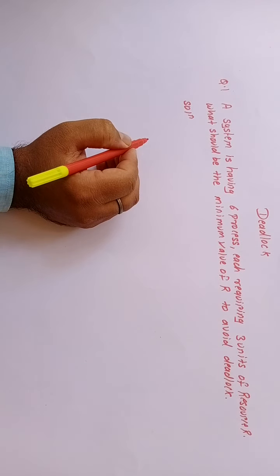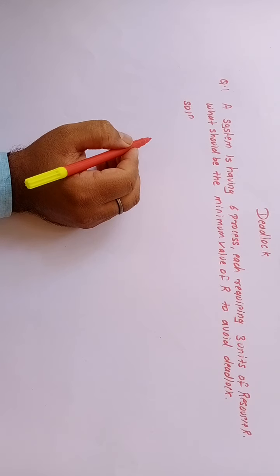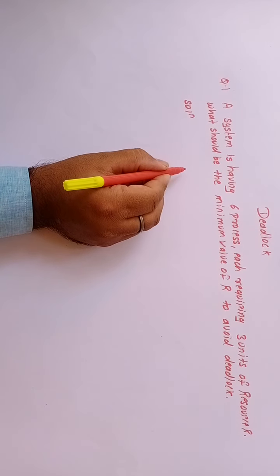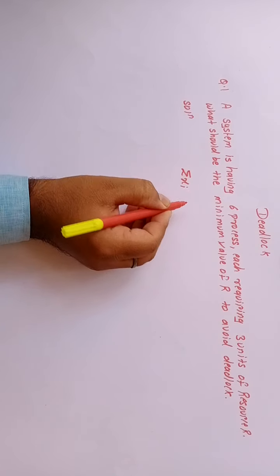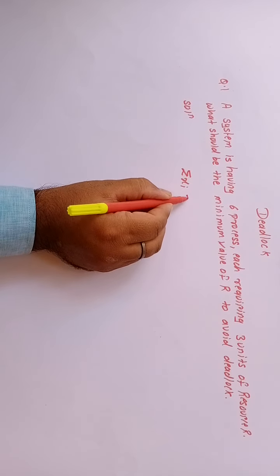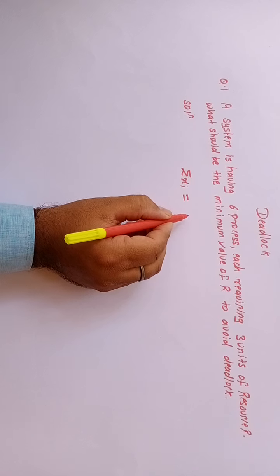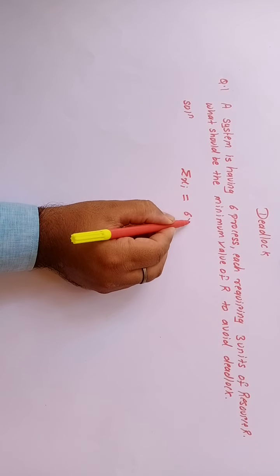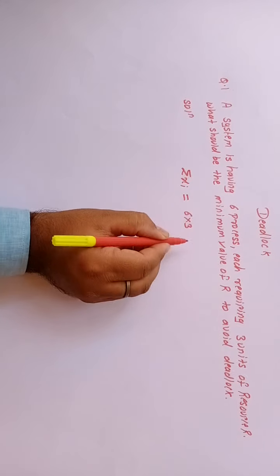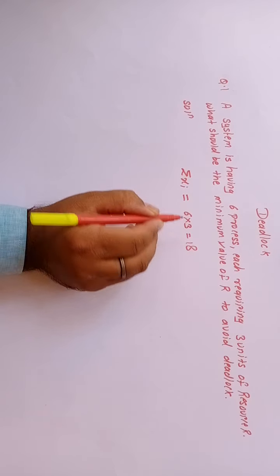In order to solve such a problem, we first compute the summation of need, which is represented by summation of xi. Since we have 6 processes and each process requires 3 units, the sum of need of all processes will be 18.